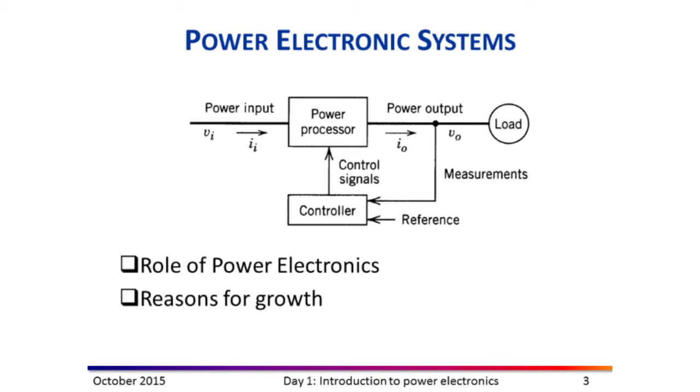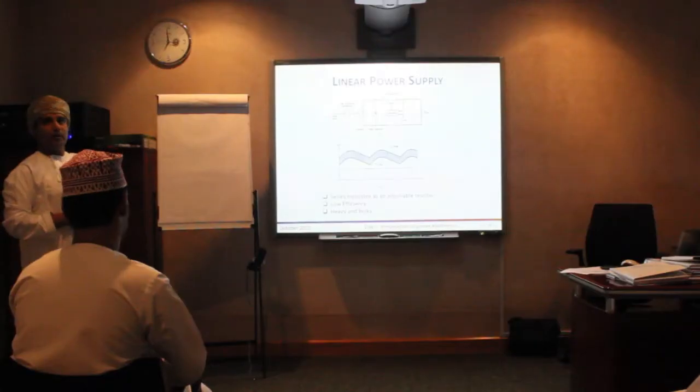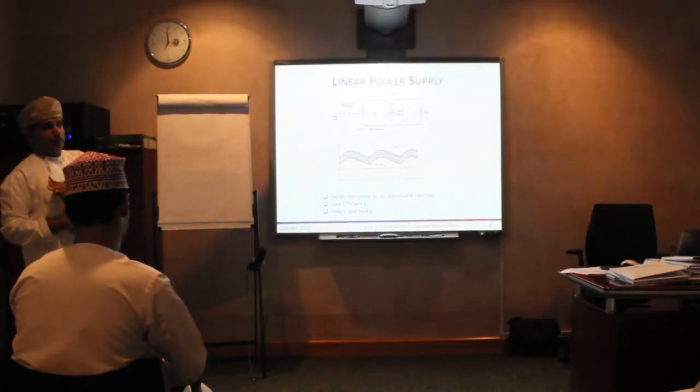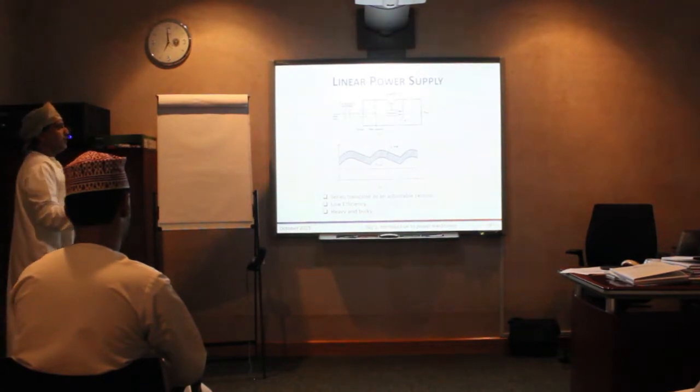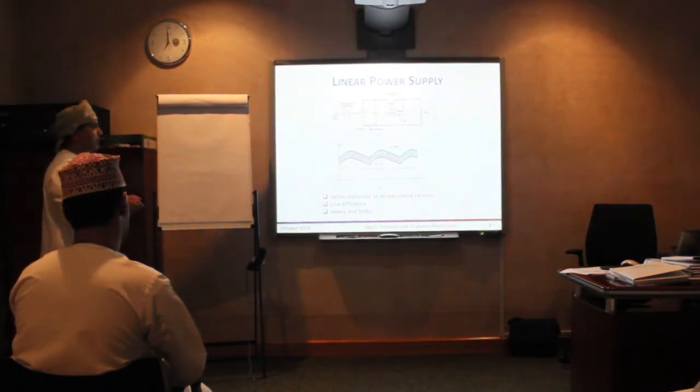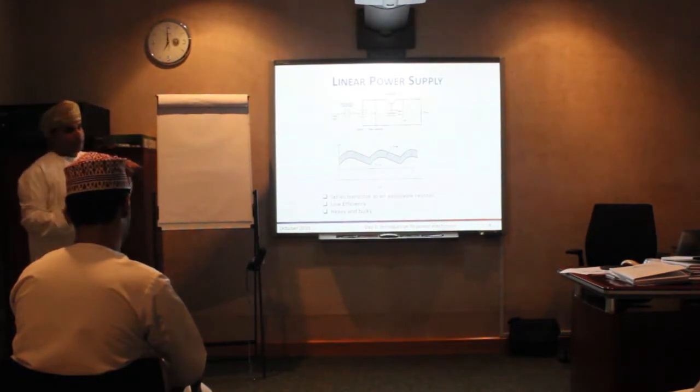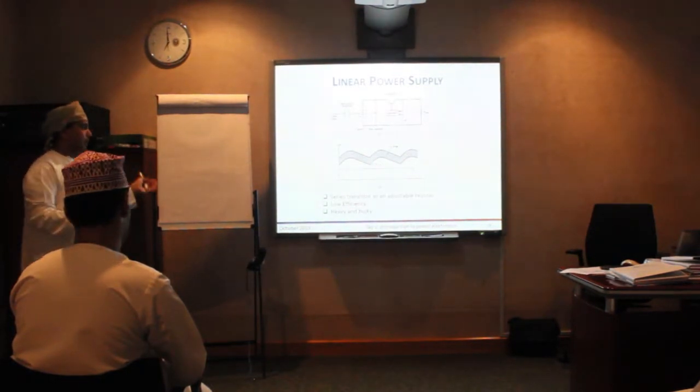Now, if you look at those switches, for example a transistor here, it can be operated in two modes of operation. It can be operated linearly, or it can be operated in the saturation region. It depends on the signal which you send to it.